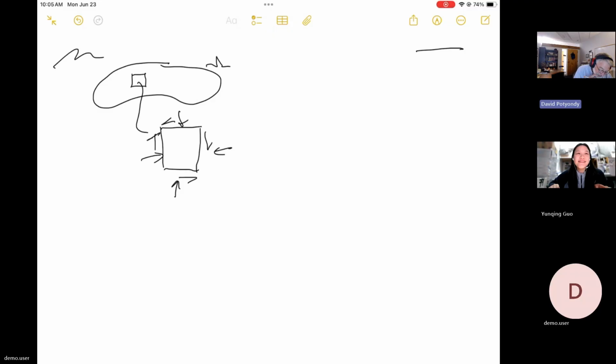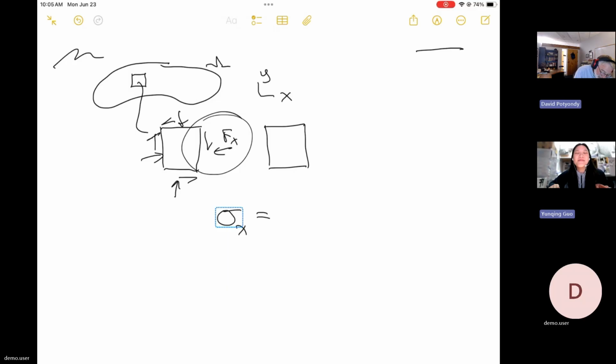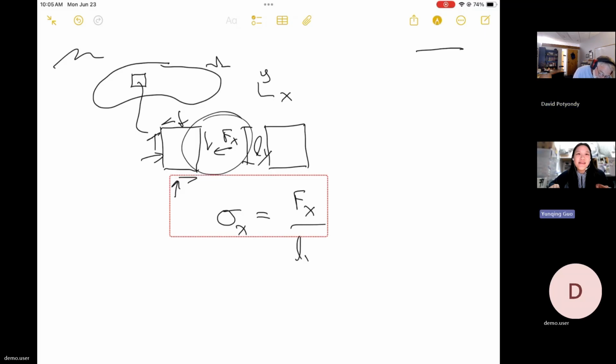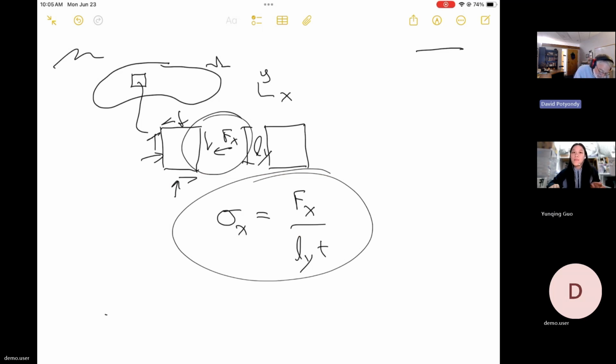And then they say we can think of that, if this is X and Y, let's call that F of X. You could say, we're going to define stress in the X to be this traction over this, force in the X divided by, let's call this length in the Y, length in the Y times thickness.